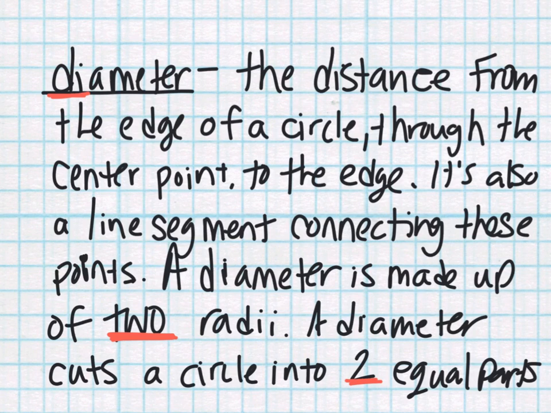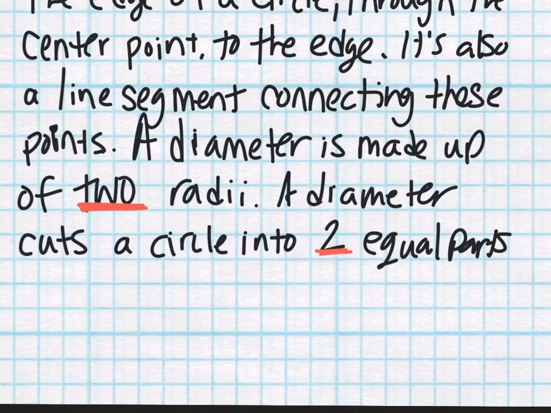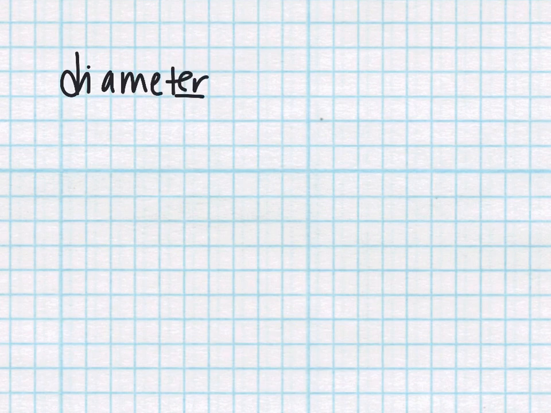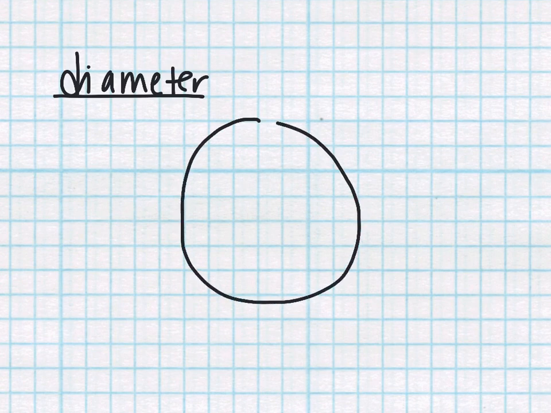So let's draw a picture of what this looks like. I'm going to slide the screen around again. Let's go sideways. Cool, so let's draw a picture of a diameter. So we're going to draw a circle again as best we can. And put a center point.